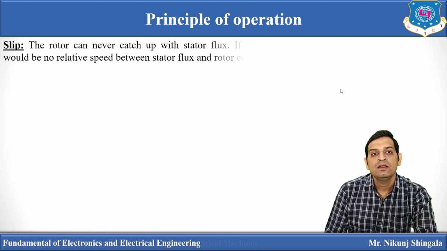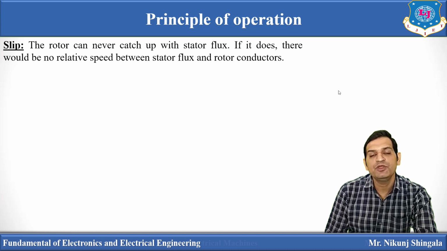Now, slip is a term related to the motor. The rotor can never catch up with the stator flux. The rotor will not achieve the speed of the rotating magnetic field, that is the synchronous speed. If it does, there will be no relative speed between the stator flux and the rotor conductor.